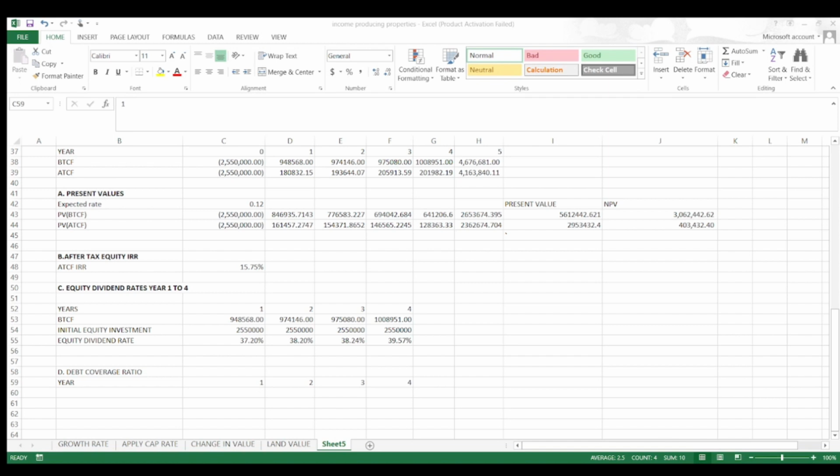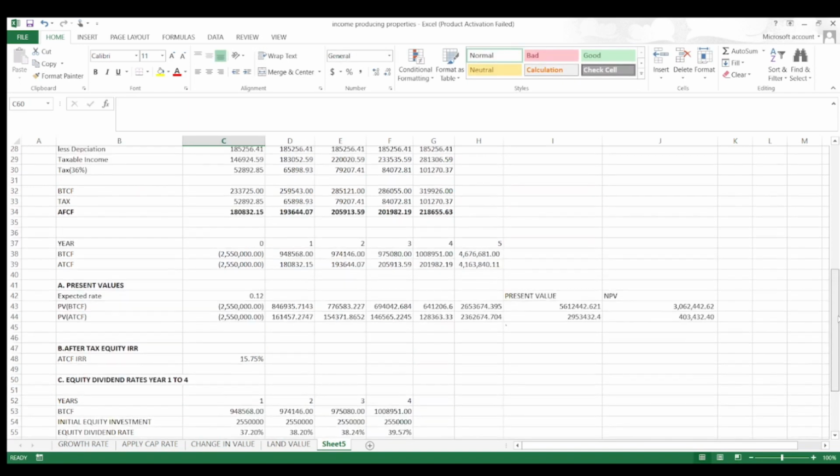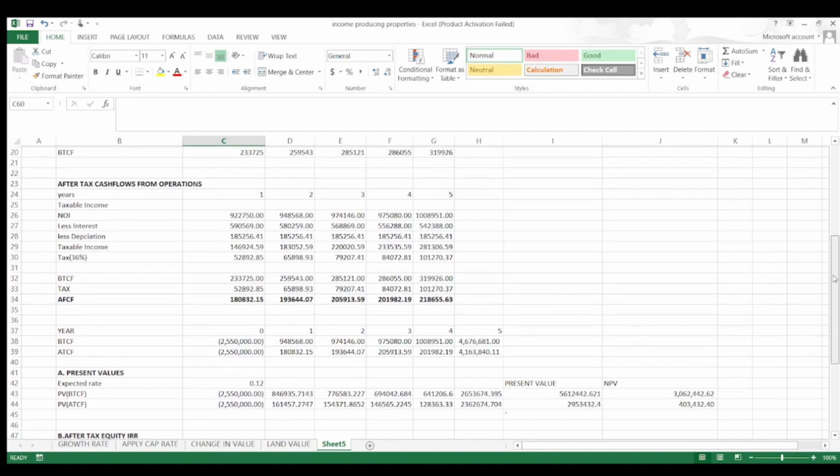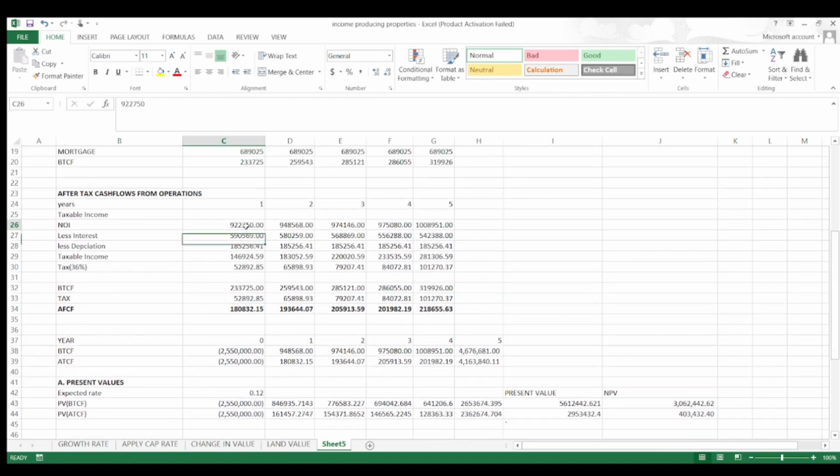And for us to get the debt coverage ratio, simply take the net operating income and divide it by the mortgage payment. So we had earlier indicated our net operating incomes for year 1 to year 4.